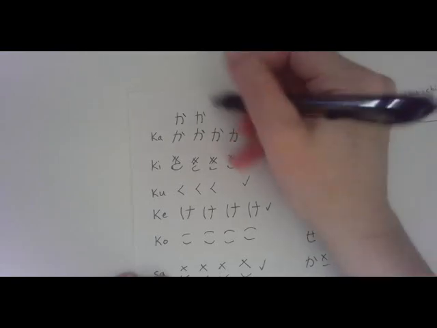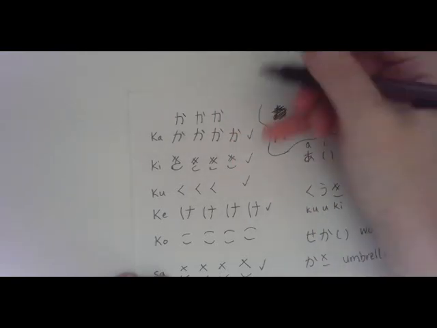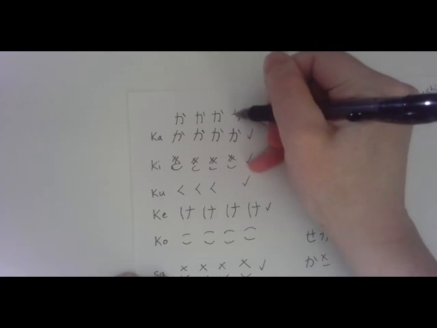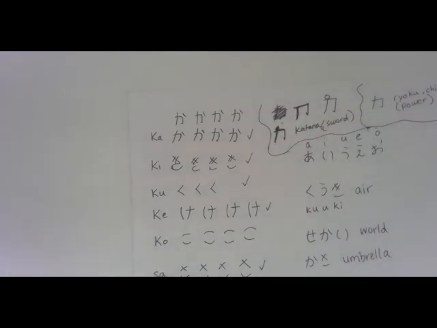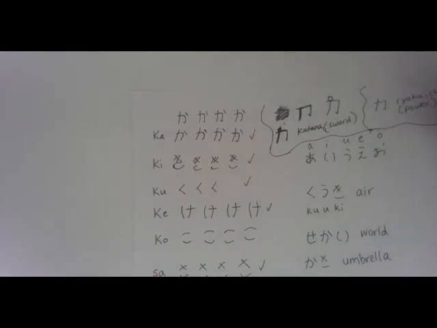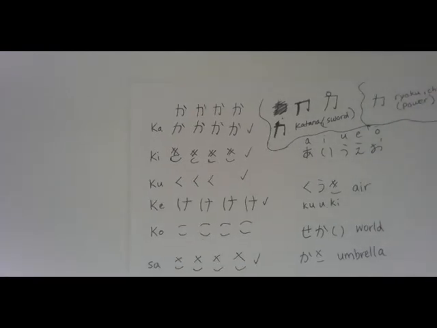It's okay if it's not perfect or doesn't look exactly like mine. But generally, hiragana is kind of rounded and curvy, and that's one thing that distinguishes it from katakana, which is the next writing system that I'll teach after hiragana.